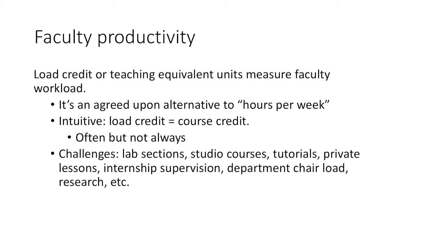So at my previous institution, a 4-credit class was always 3 hours a week in lecture and 3 hours a week in a lab. Well, that's 6 hours of work in front of students for a faculty member. We did not give 6 hours of load credit for that course, nor did we give 4 hours of credit, even though it was a 4-credit class. So load credit didn't equal course credit, and that was a function of lab sections. So science faculty will wrangle about how much course credit they ought to get for lab sections. It's a standard problem in academia.